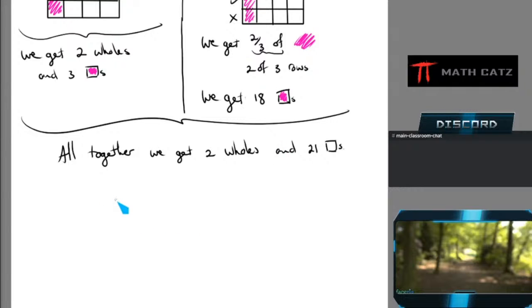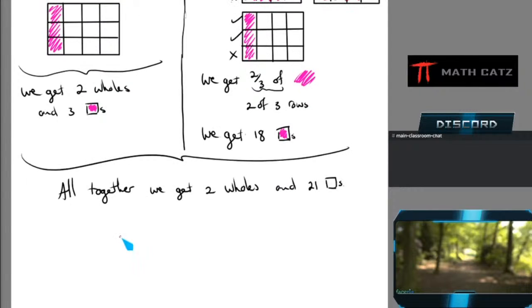So now I want to see how much does it take to make a whole rectangle. Standard sentence, it takes how much? 3 rows of 4, so 12 pieces to make a whole rectangle.